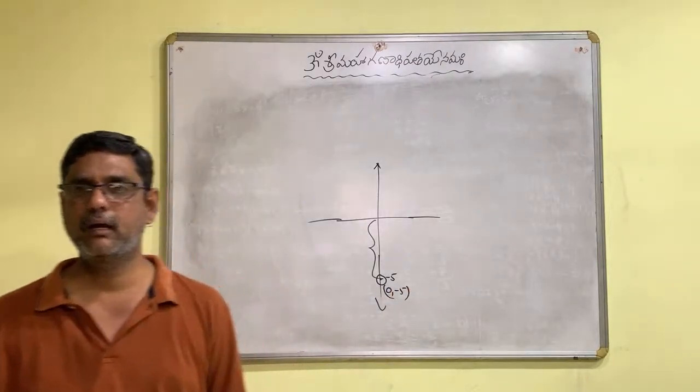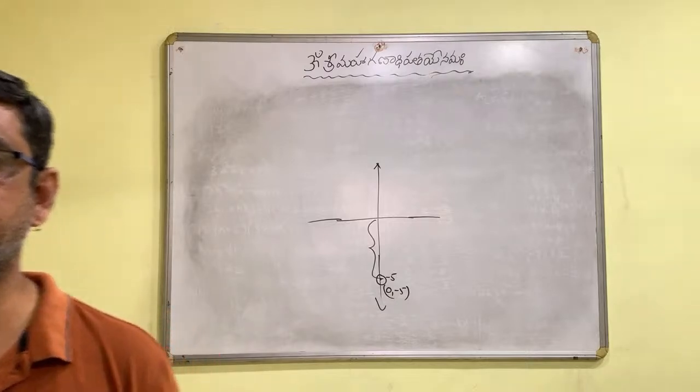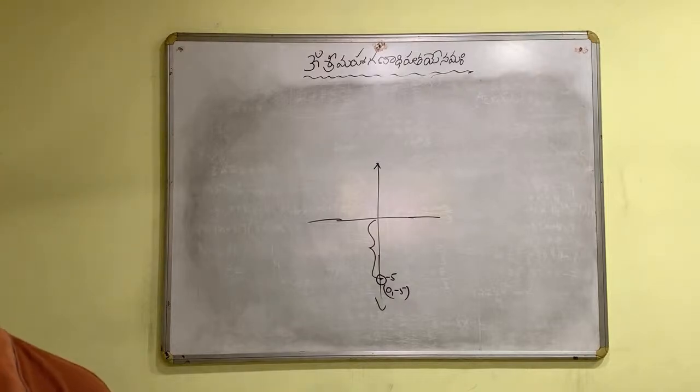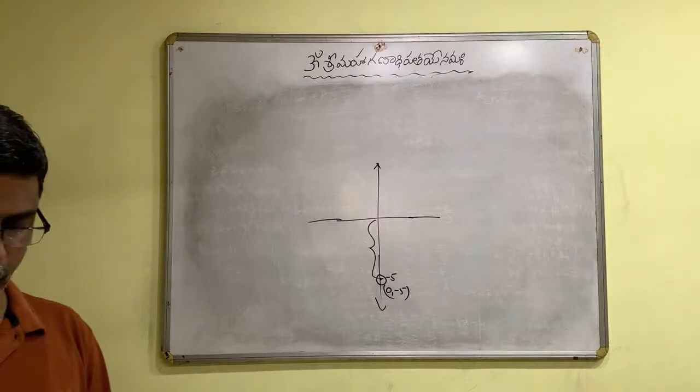The point lies on y-axis and is 5 units in the negative direction of y-axis. 0 comma negative 5, right. Next question.